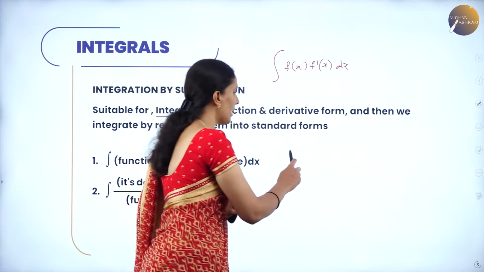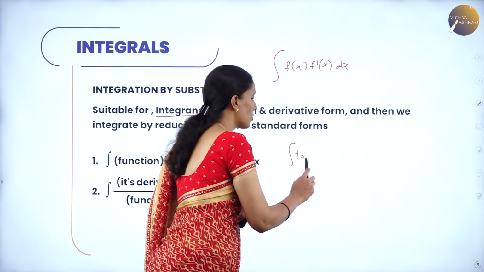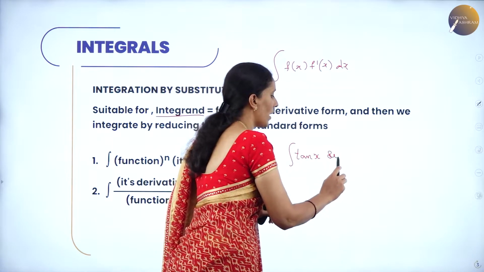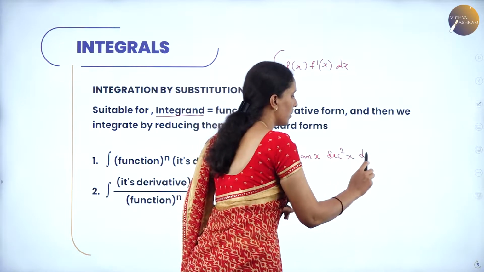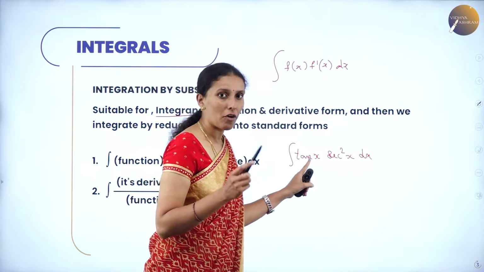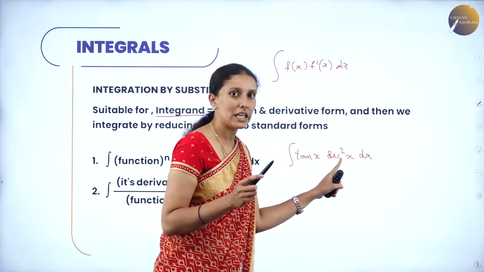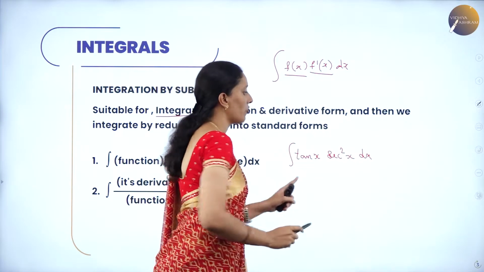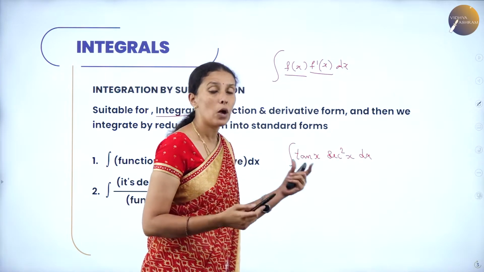For example, I can take what is integration of tan x secant square x dx. So clearly you can see tan x, if you take it as f of x, then f dash of x is secant square x. So clearly f of x is tan x and f dash of x is secant square x. Then how to find out?